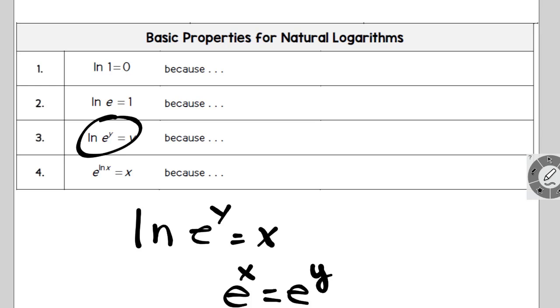We've already looked at some in the homework that were like this. Here's where we're going. Let's see if this will work for us.